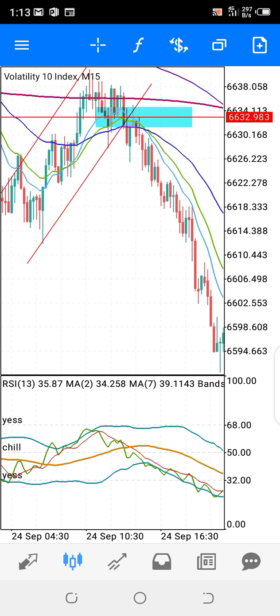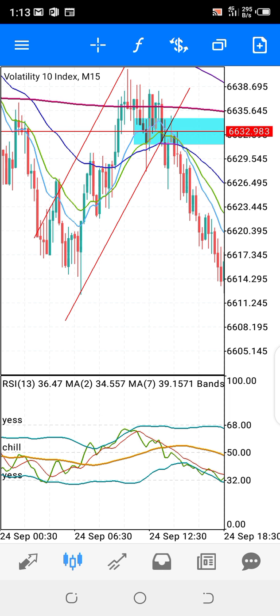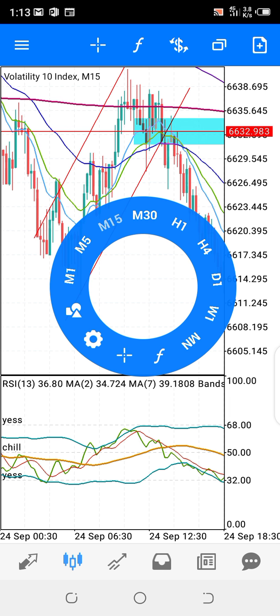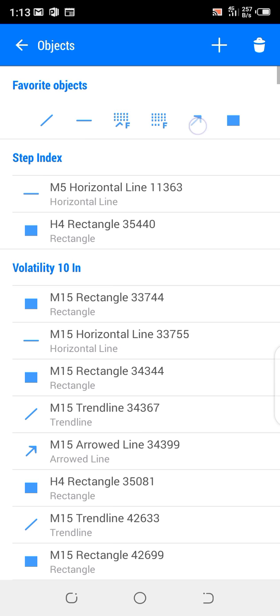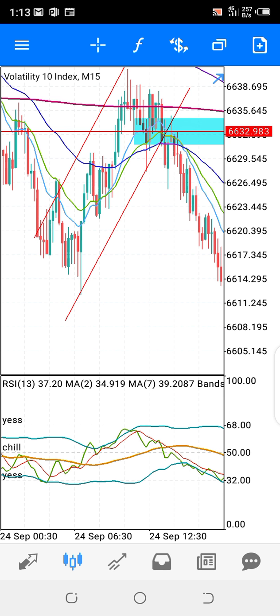But normally, since I use heavy lot sizes, I take profit before it even reaches there. And if you use a heavy lot size, you can use this as your take profit. The width you take it like this.